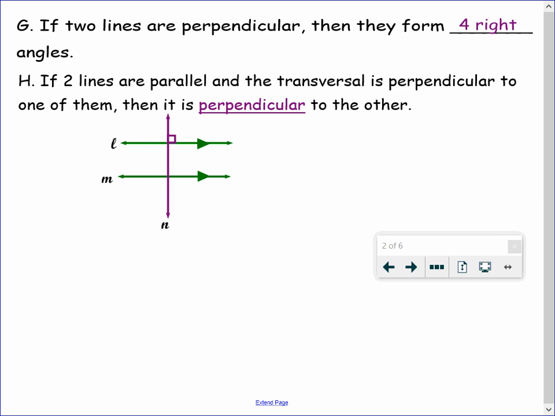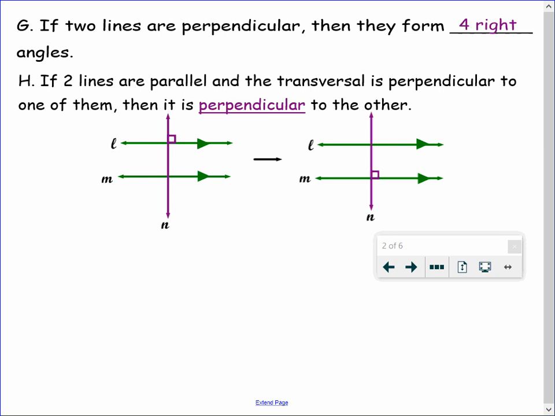Then it's not. Okay. So line L and line M here are already parallel. Line N is the transversal, and it happens to be perpendicular to L. If it's perpendicular to L, then by using corresponding angles, that means the angle at the bottom is also right.